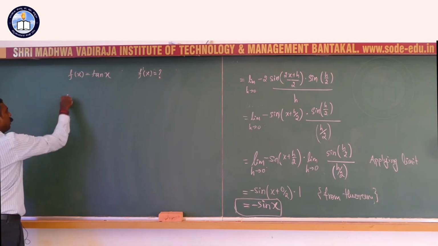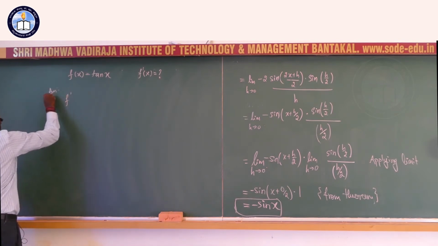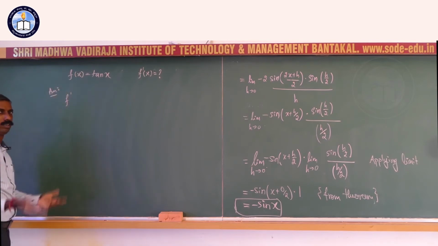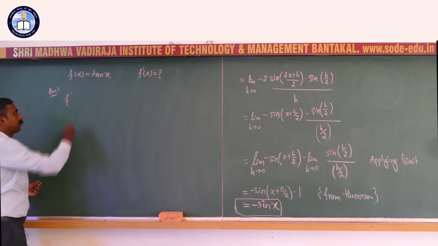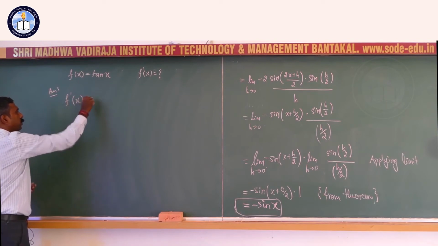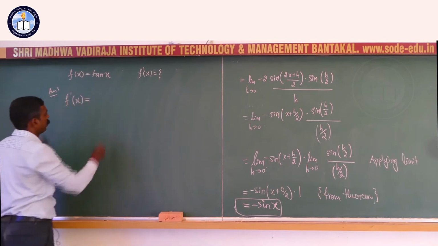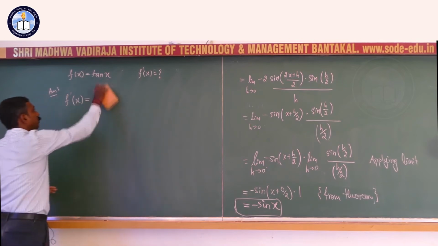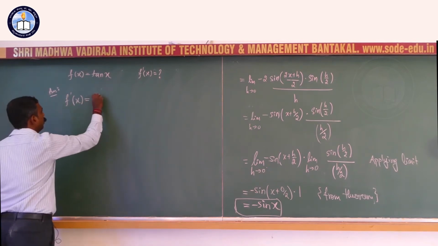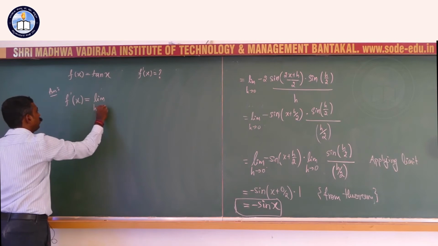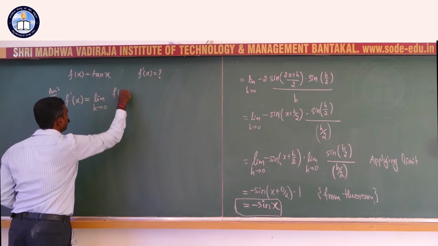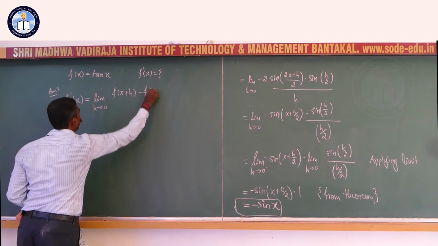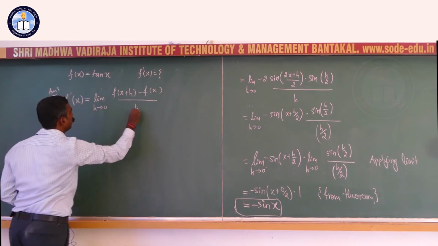I will not write out all the steps, so directly I will write f dash of x equals limit h tending to 0 of f of x plus h minus f of x divided by h.